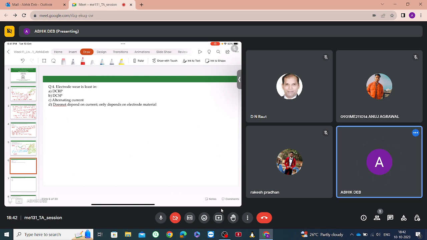Okay, so the next problem: electrode wire is placed in which of these? Direct current, reverse polarity; direct current, straight polarity; alternating current; or it does not depend on the current, only depends on the electrode material. So concepts like this we have already discussed, so I think you should be able to answer this.